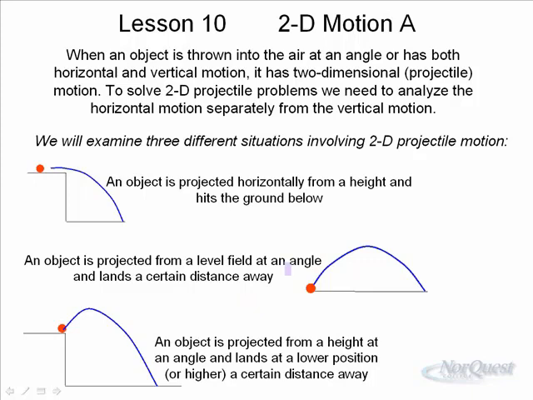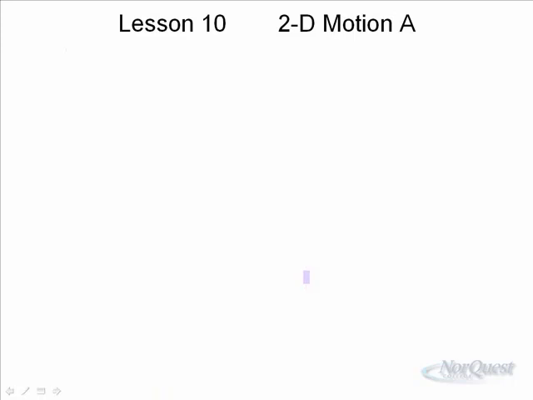Let's say here you have a cannon that's shooting at a ship down here. Well, the ship could actually be also shooting up at the village or the encampment on the top of this cliff. They would certainly be at a disadvantage, but it could still be that kind of problem. So those are the three different scenarios we can run into.